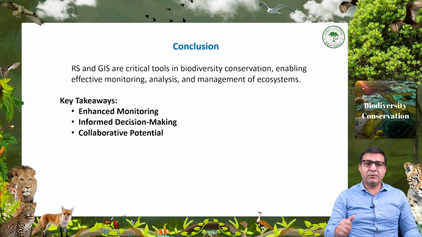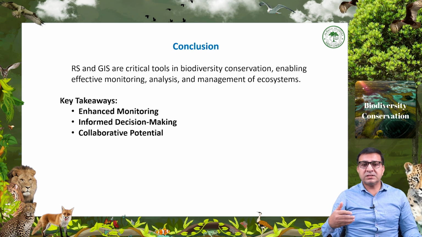And this is the conclusion of what we have discussed in today's lecture. RS and GIS are crucial tools for biodiversity conservation, providing timely and comprehensive data on environmental change as well as on species distributions. These technologies also enable informed decision-making by allowing conservationists to analyze complex data and develop targeted conservation strategies.